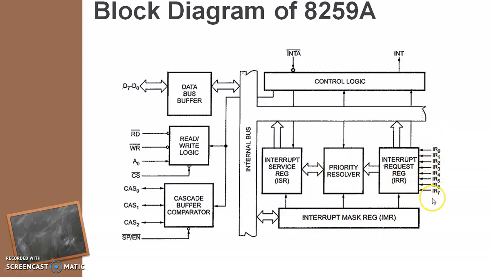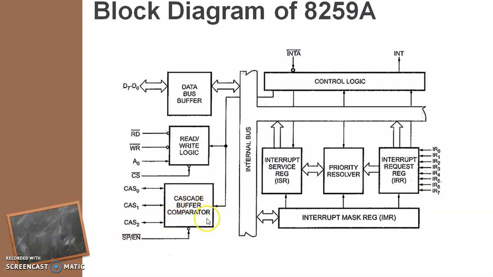If any of the interrupts is masked, that means it is suspended and not given priority. It will also check the current interrupt that is being serviced. With these three pieces of information, the priority resolver fixes one interrupt which will be selected for execution.